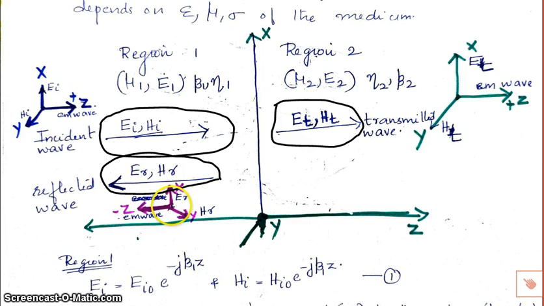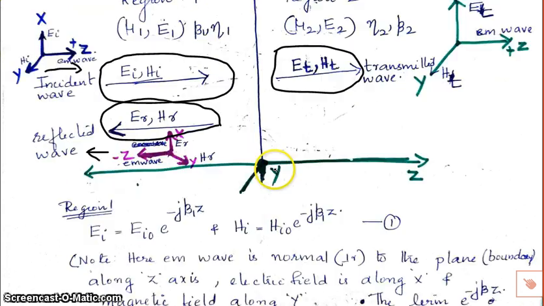And the electric field of the reflected wave is along the x-axis, Hr along the y-axis, and the wave along the z-axis. It is marked as minus z because in region 1 the incident wave is moving in the direction taken as plus z, and in the same region the reflected wave is moving in the opposite direction. That's why it is taken as minus z.